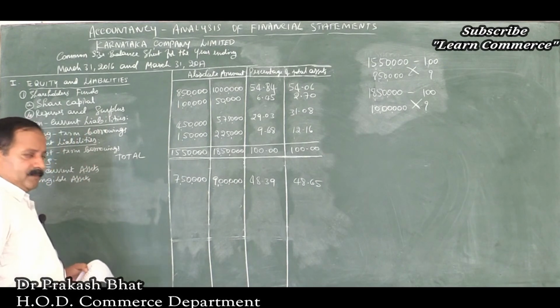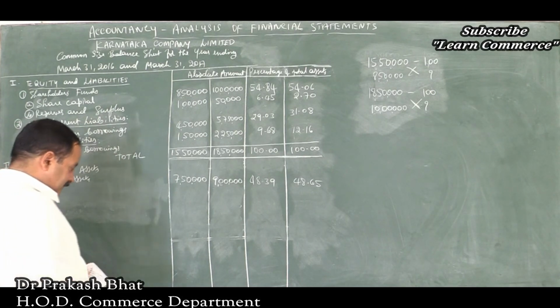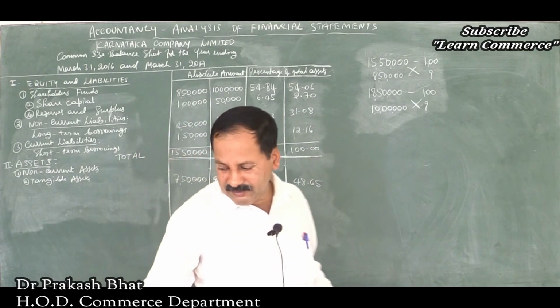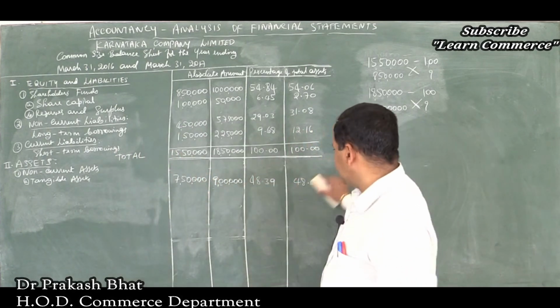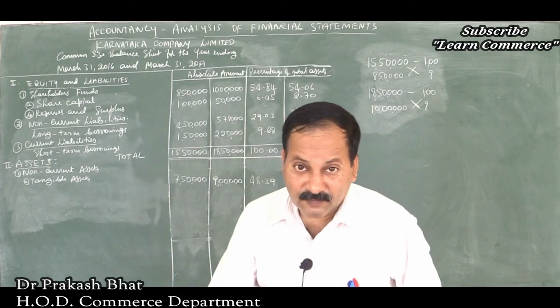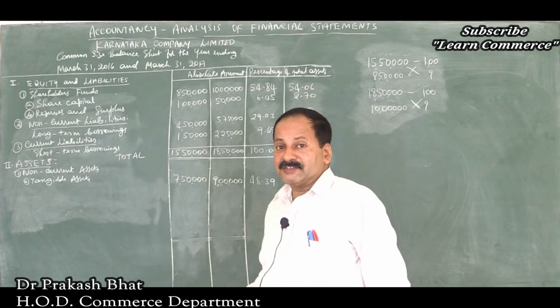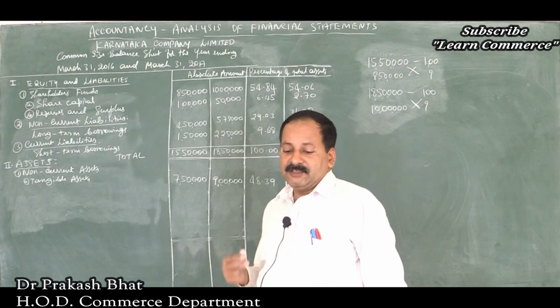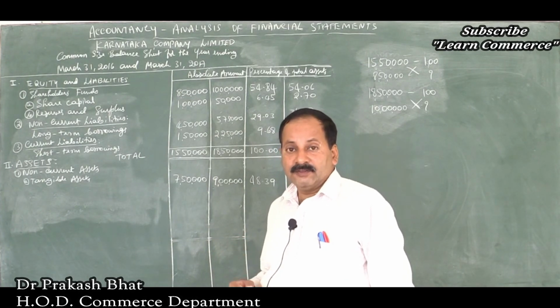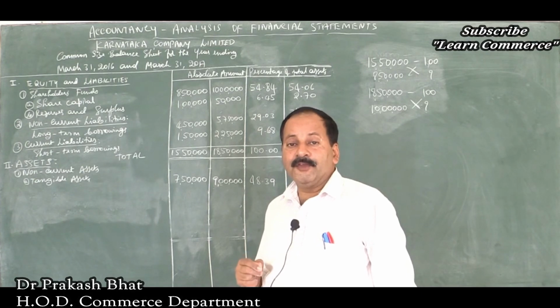Don't simply copy. Check. Keep a calculator with you, then check and then write. 48.65, because you should be very fast in the board exam. If you do the calculations while listening to the video itself, your calculation speed will increase. Handling the calculator also needs some practice.